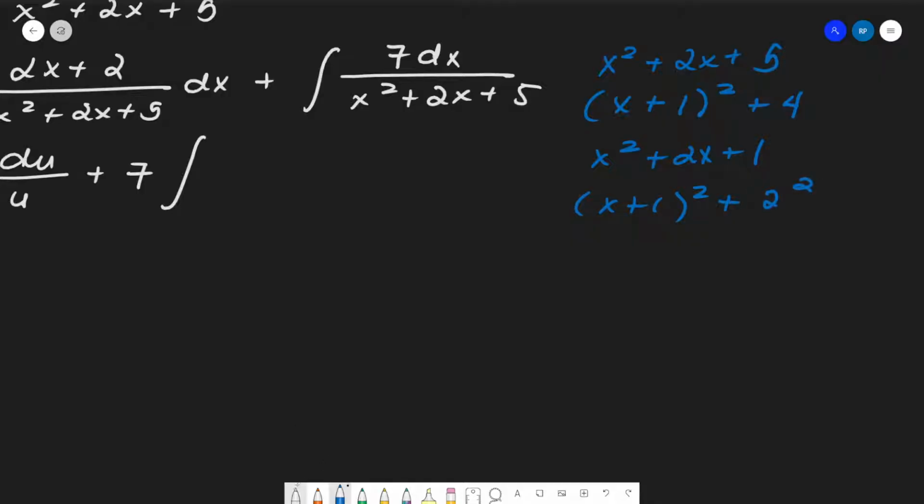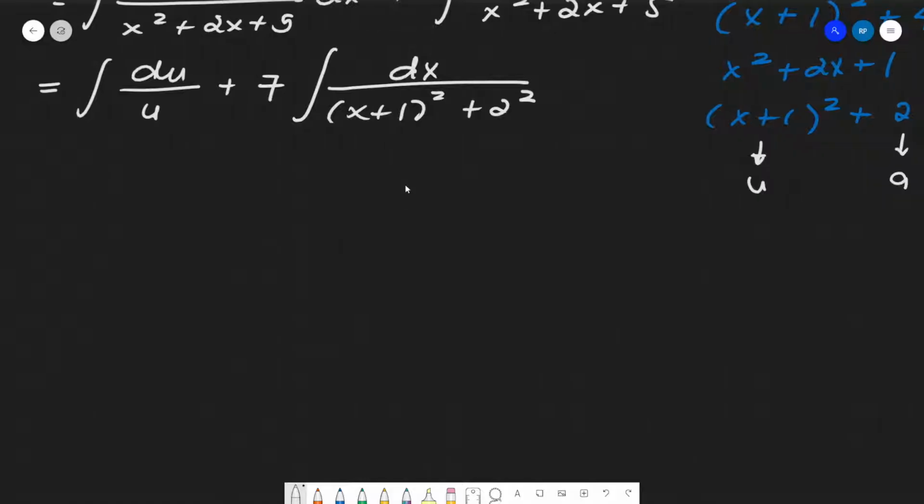So what is our u here? Obviously, the x plus 1. This is our a. Let us write this down: dx over x plus 1 squared plus 2 squared. With x plus 1 as our u, then du is equal to dx, so we do not even need to substitute. We will just use the du over u squared plus a squared form.